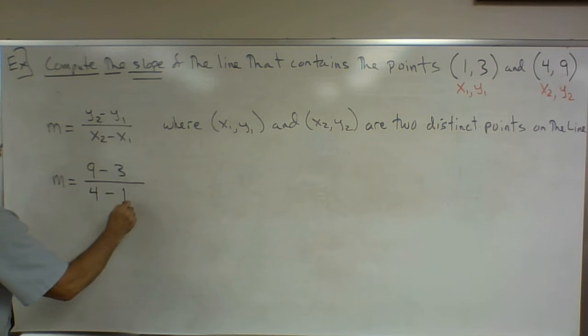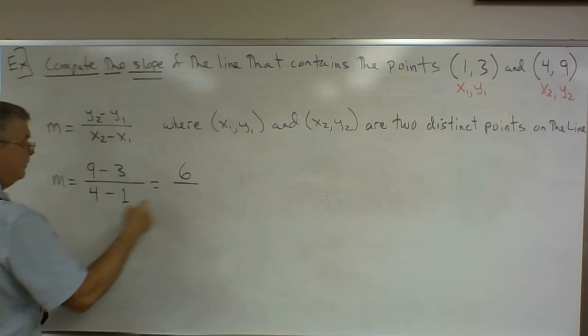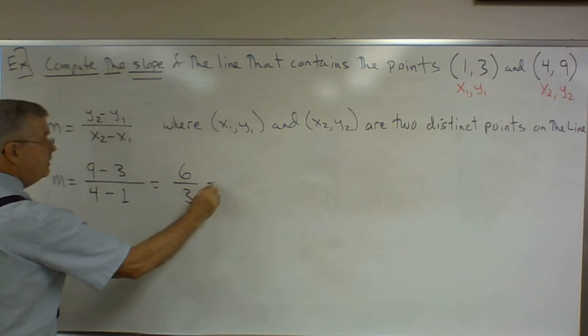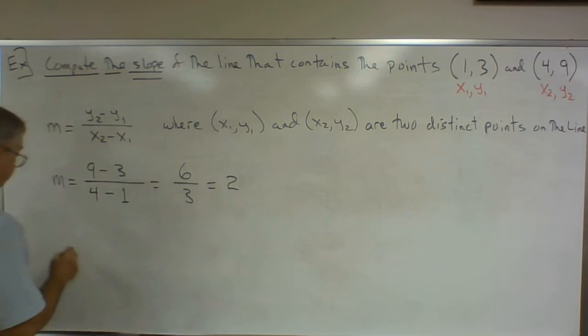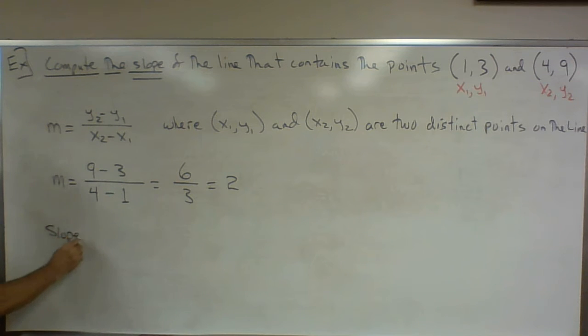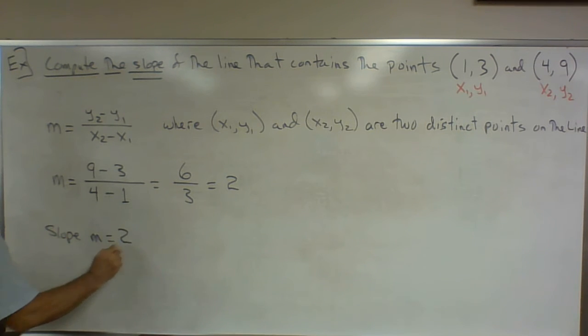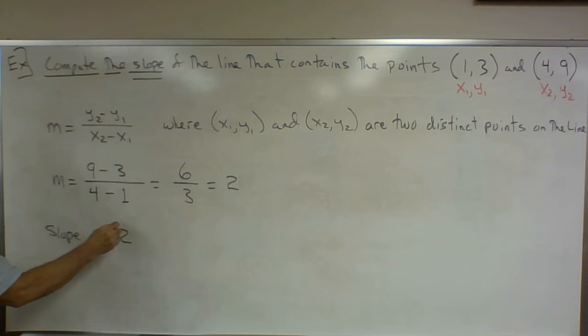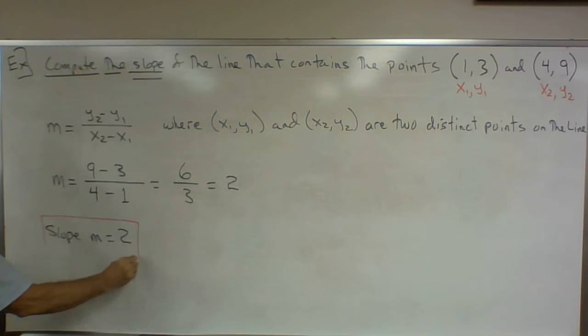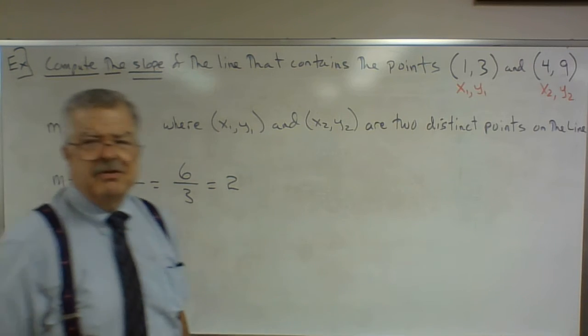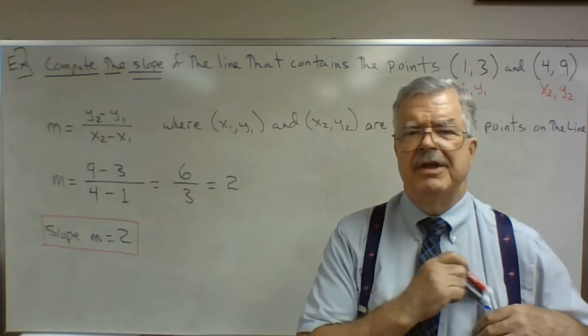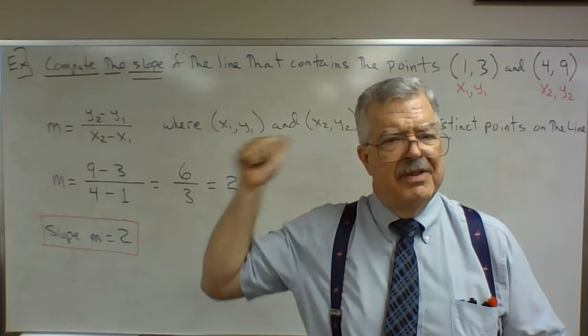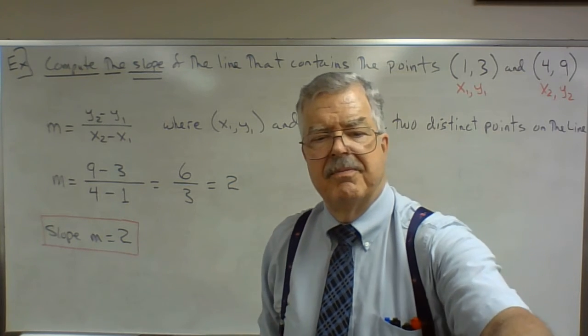Okay. There we go. 9 minus 3 is 6. 4 minus 1 is 3. And our slope m is 2. Let's do one or two more of these. We'll do some special cases of this.